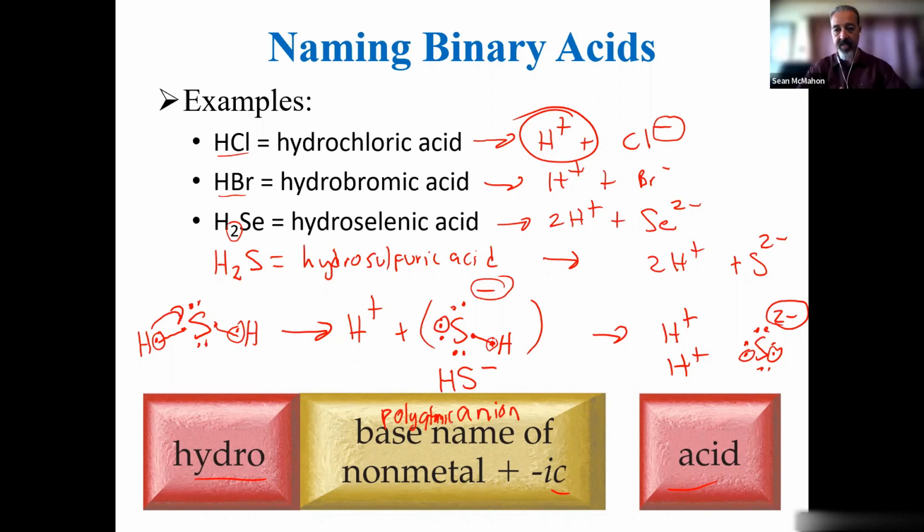So how would I name this ion? Well, if this is the sulfide ion, this would be the hydrogen sulfide ion. It's not complex. It's a hydrogen and a sulfur, but it has a charge. So it's hydrogen sulfide, which is derived from hydrosulfuric acid, and it's an intermediate step before both protons are released.